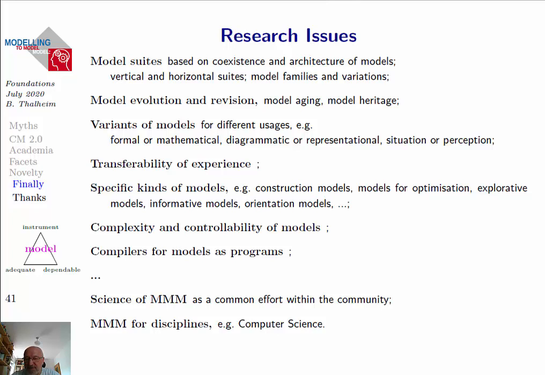I dream about compilers for models as programs. In this case, we might have an automatic programming by models. The science of MMM is on its way, but it will be a common effort within the entire computer science community. And of course, we should also have some kind of specialization adaptation for specific disciplines or subdisciplines.